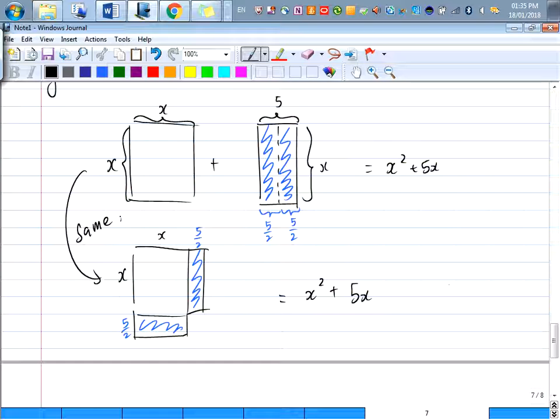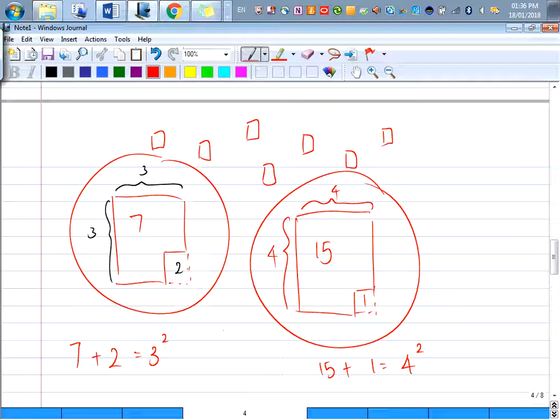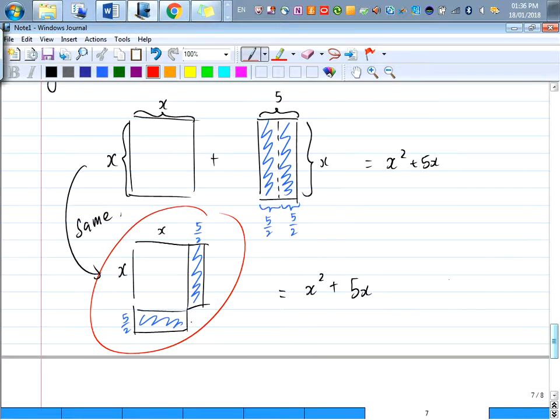Now, question, is this a perfect square? Is this a perfect square? No, right? What do we need to add to make it a perfect square? Remember our previous examples? We knew what numbers to add, right? To make it a perfect square. So right now, what should I add to make it a perfect square? It is going to be found here.